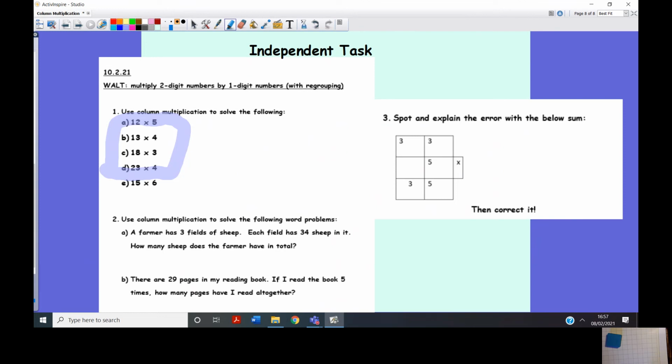And then I'm going to prioritize 2A. That is the minimum I expect from anyone. Do more, and there's a challenge as well, but that is the minimum work because that will show me that you can practice the skills. If you're not sure about your times table, write out the times tables that you need to use along the side of your work. Please upload your work to Seesaw.